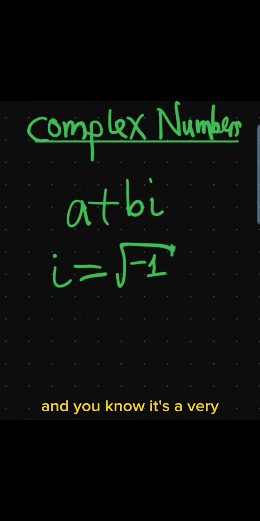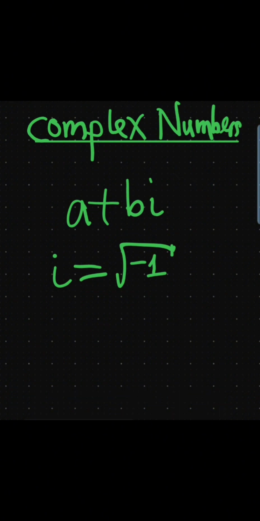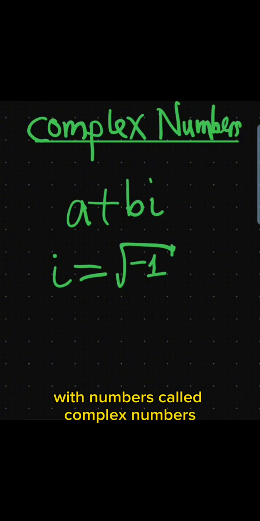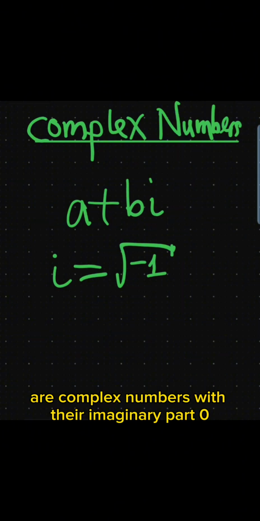It's a very special case when we have a -1 inside the square root. Since that cannot be expressed, it is called i. So it is studied in a special field with numbers called complex numbers. Complex numbers can be negative, they can be positive. Now, all real numbers are complex numbers with their imaginary part 0.